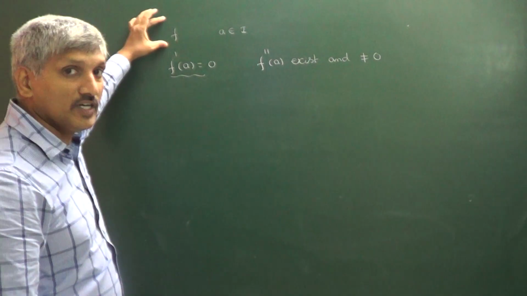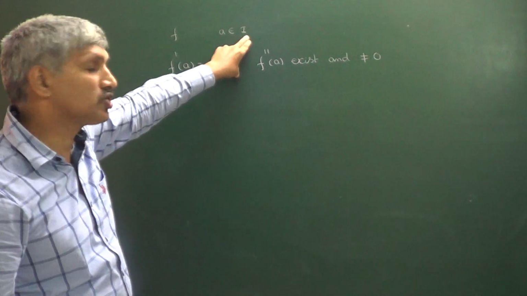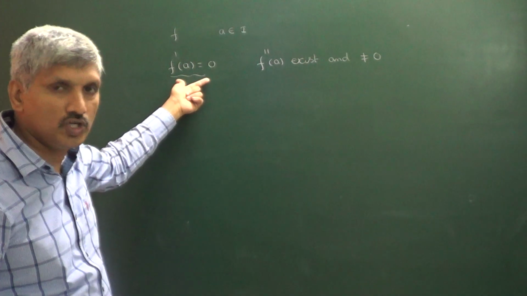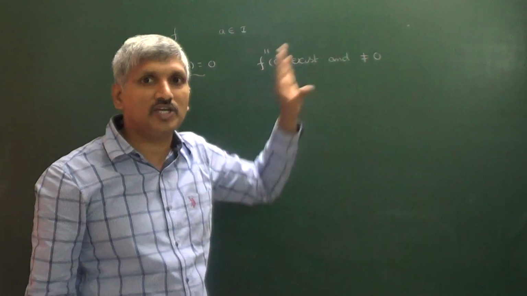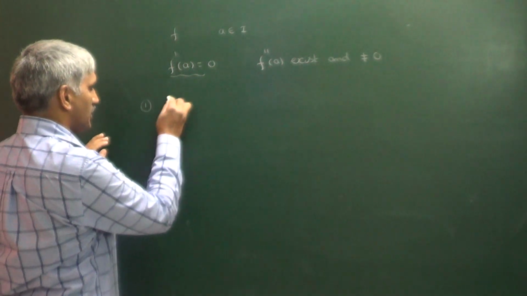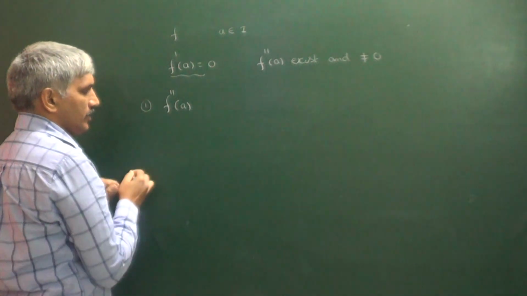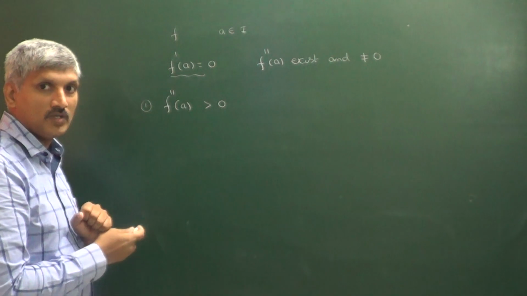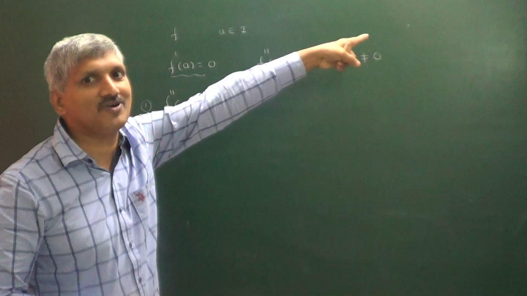Let f be a function differentiable on an interval I and a belongs to this interval I, f dash of a is equal to 0 and f double dash of a has to exist and not equal to 0. Then the first point is f double dash of a greater than 0. The f double dash of a value has to exist but not equal to 0.